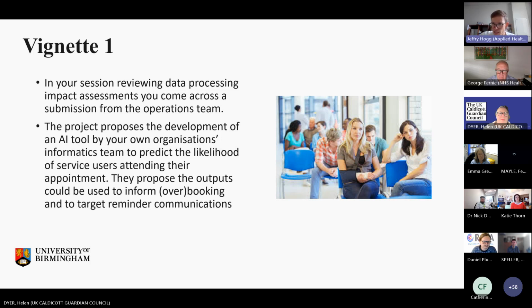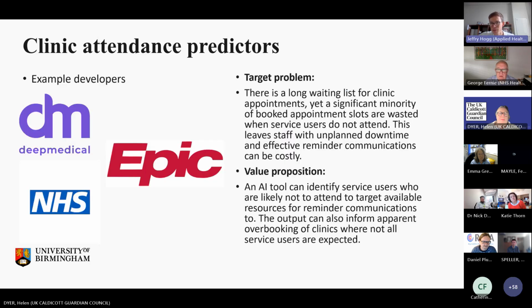So if we go to the next slide, this tool is around clinic attendance predictors, and it tries to target essentially the rate of did not attend at appointments. It can often sit around the 10% mark. And in a service provider's position when demand often outstrips capacity, there's a very strong drive to make those efficiency savings.